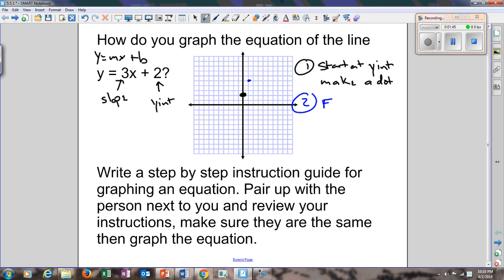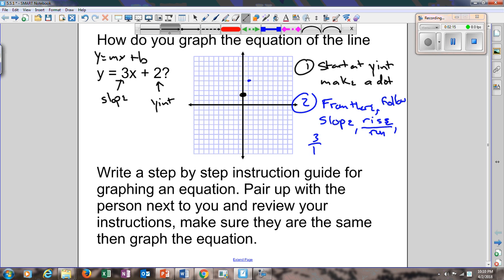Follow the slope. It's rise over run, which would be 3 over 1. Now you just draw a line in between your two dots. Or you could go up another 3 and over another 1.